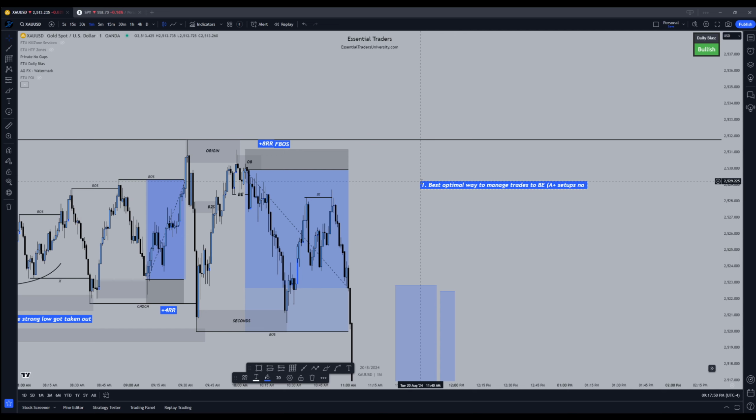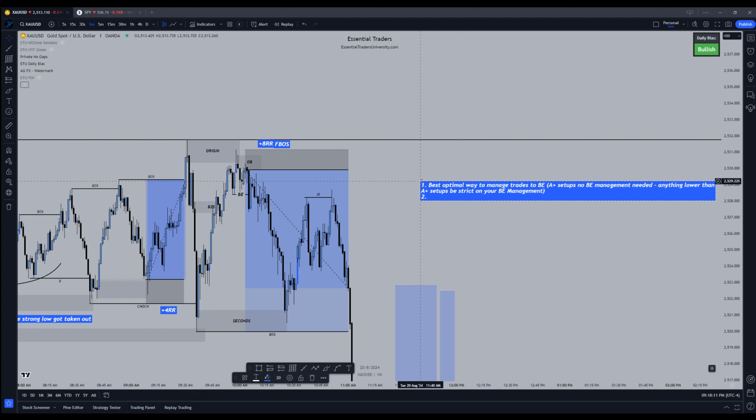A plus setups, no break even management needed. Anything lower than A plus setups, be strict on your break even management. This will save you from a lot of losses, by the way, if you're strict on it on low quality setups. And you want to be more flexible and loose on the high quality setups.